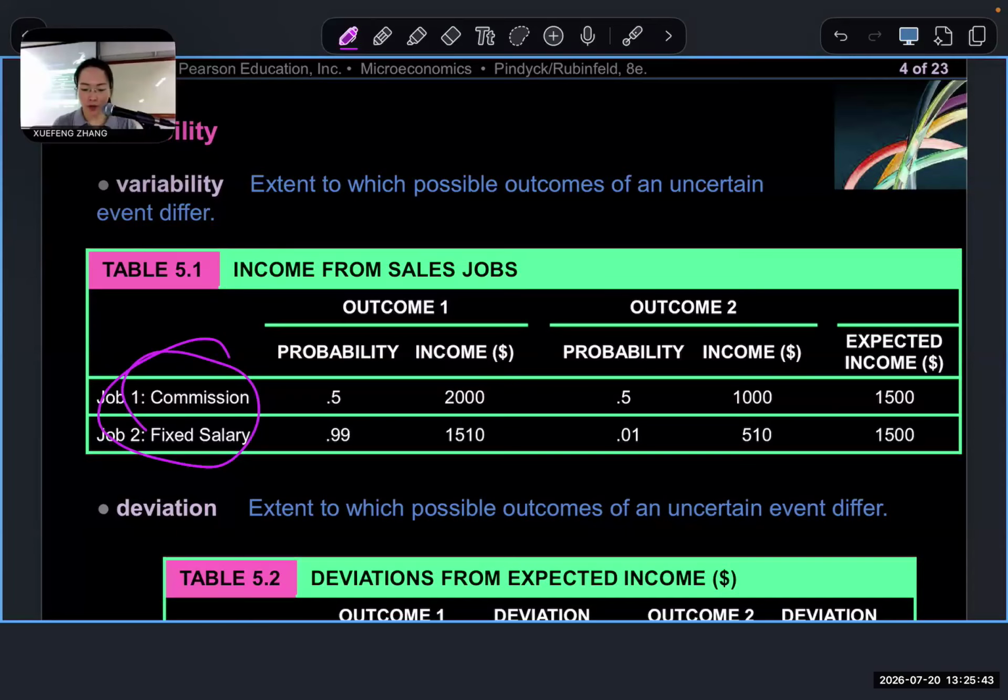So for your preference, which job do you prefer? Job 1 or 2? Job 1 with commission or job 2 with fixed salary? Let's see the outcome. So there are two outcomes, okay? If this outcome 1 happens, the probability is 0.5 for job 1.